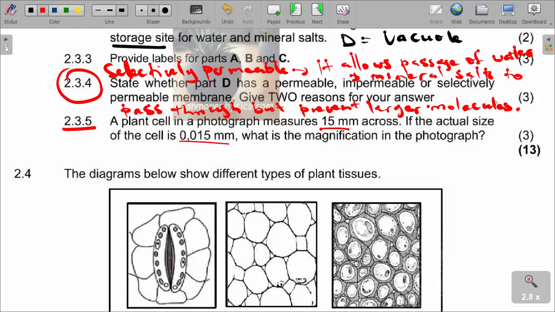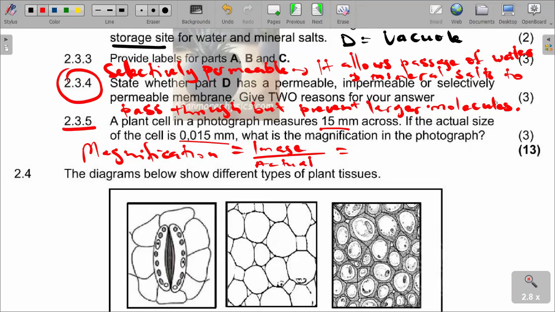So magnification is equal to image over actual.